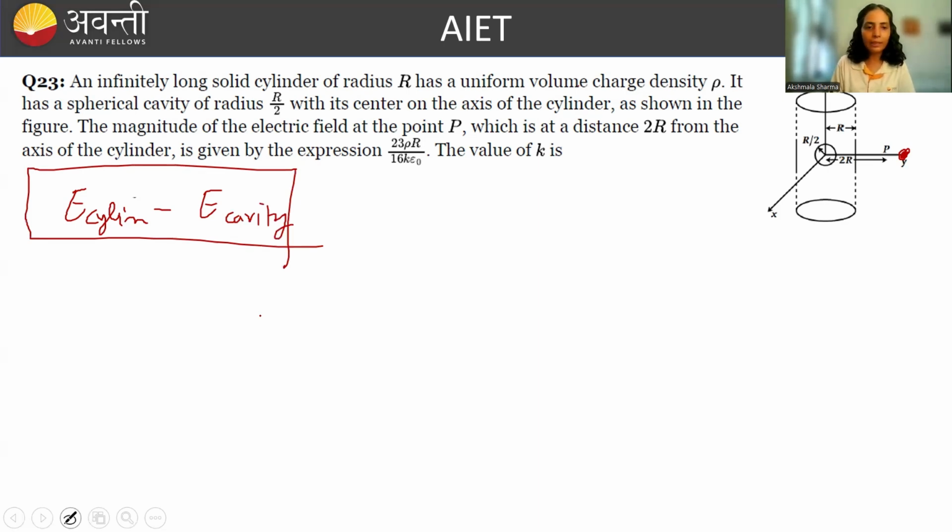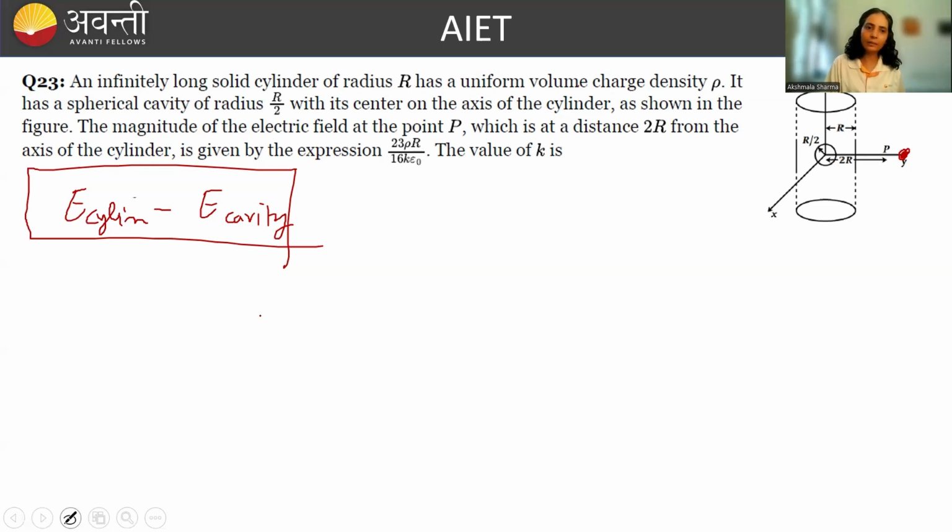Electric field because of cylinder at any outside point will be equal to how much? Since this is an infinitely long cylinder, we have to calculate electric field at point P. So if you calculate electric field at point P because of cylinder, how can you do it?